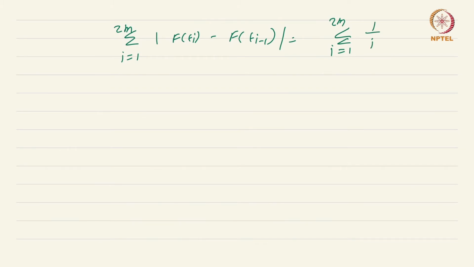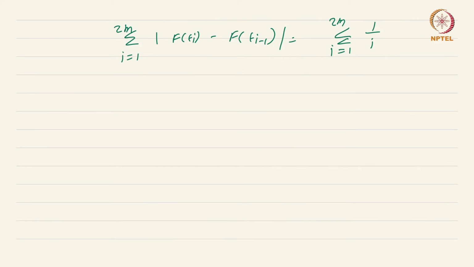Observe that we have the summation i equals 1 to 2m of mod f of ti minus f of ti minus 1. This is nothing but the summation i equals 1 to 2m of 1 by i. As you can check just by substituting the function here, which in this situation is nothing but x cos of pi by 2x, you will see that this is true.